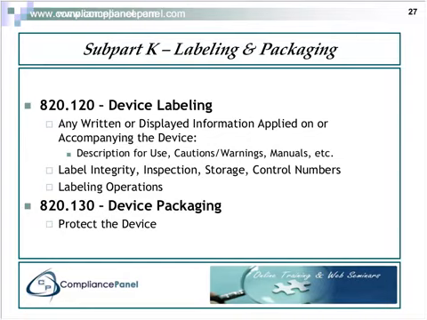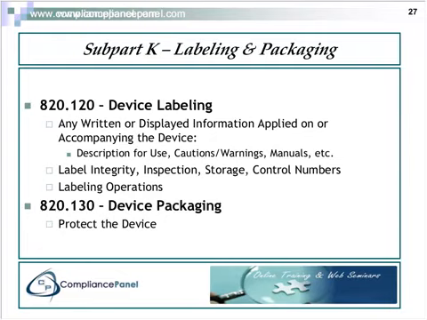Again, you're required to document and record the activity associated with the review and approval of labeling. So labeling becomes part of any other document that gets reviewed. Another part of labeling is the user interface. If you have displays on your product, anything that's displayed to an end user would be considered labeling.